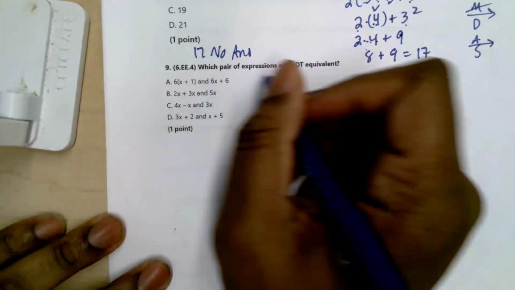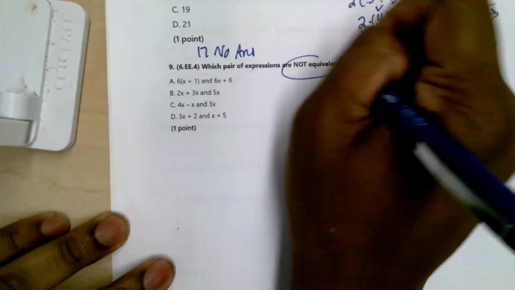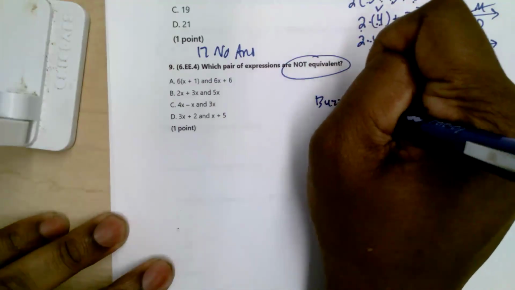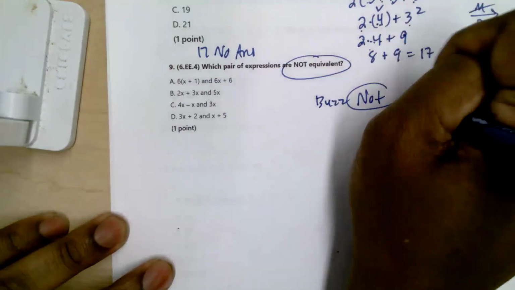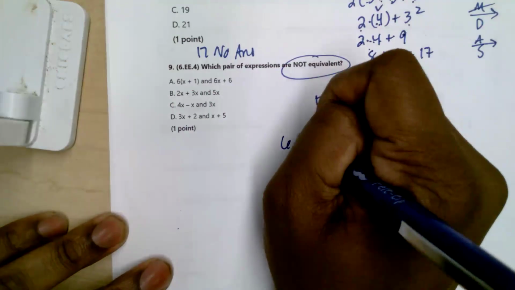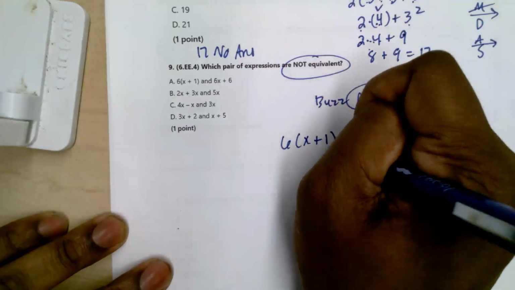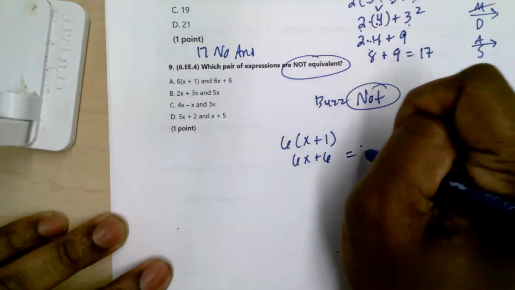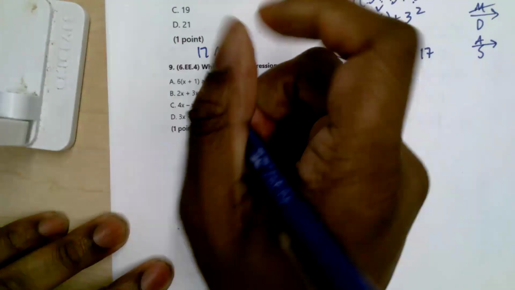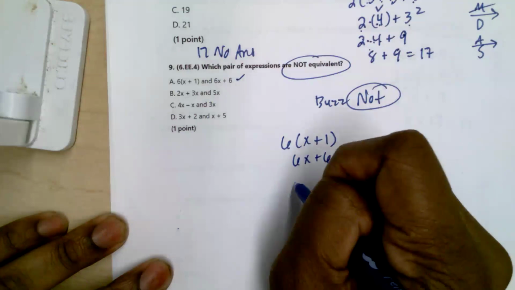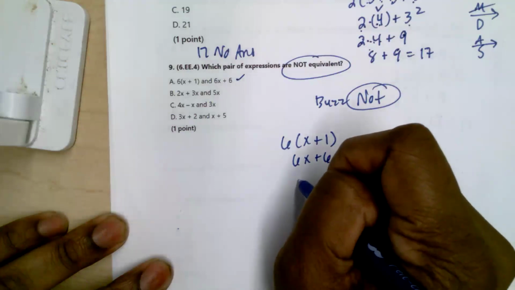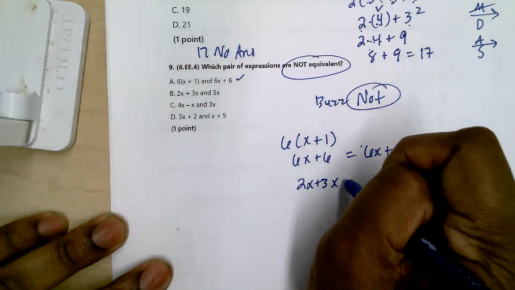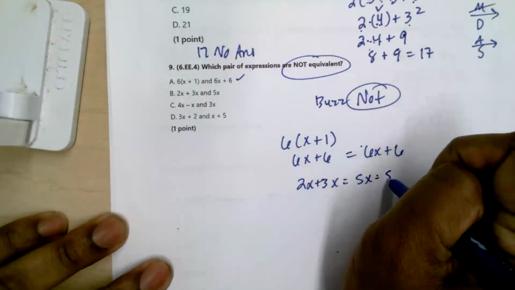So it's saying which ones are not equivalent. So you got 6 groups of x plus 1, which is 6x plus 6, and equals 6x plus 6. So that's good. Then you have 2x plus 3x equals 5x, which equals 5x.